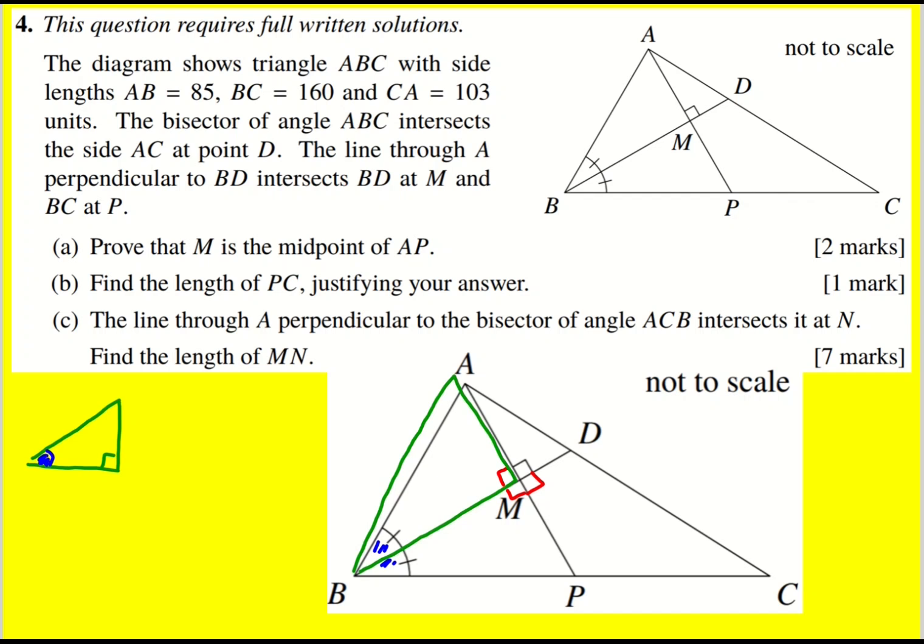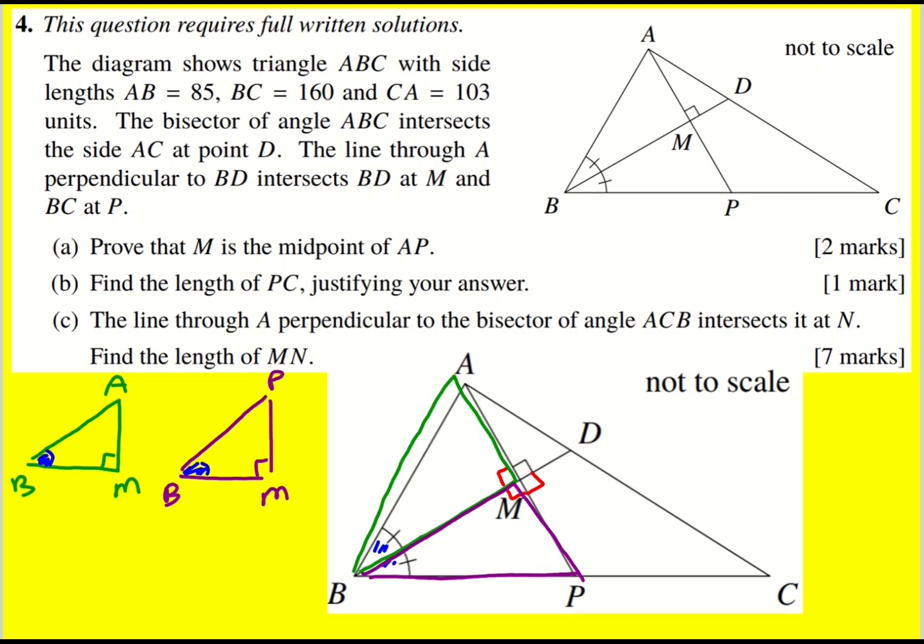And I'll just label on A and B. And then I've also got this purple triangle, which I'm going to flip around so it's the same orientation. So now I would have B here again with the same angle. And then the right angle is again at M, and then this would be P.